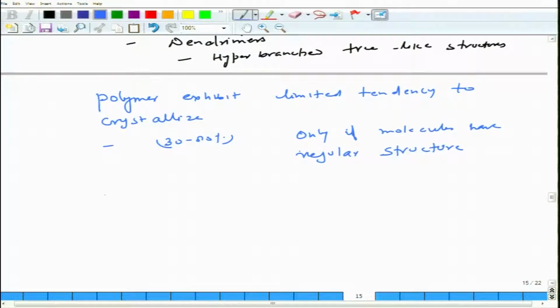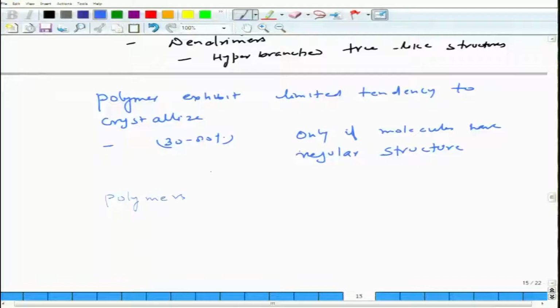Now, usually the polymer melts over a temperature range. It doesn't instantaneously melt at a specific temperature. Usually it has some range of temperature. So polymer melts over a temperature range.